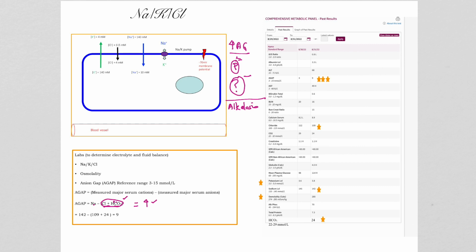Now, one of the things we'll see later is that when you increase the pH and you have a protein like albumin, it increases the negative charge on the albumin and decreases the positive charge.